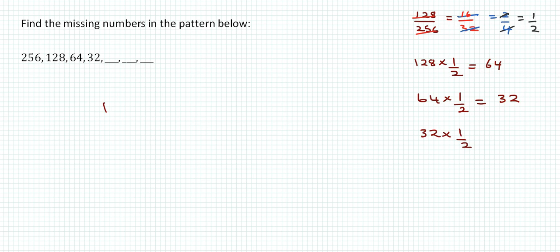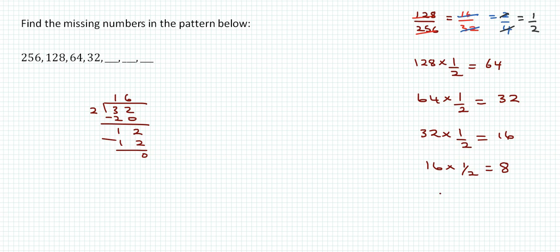So let's go ahead and do our division. 32 divided by 2 gives us 16. 16 multiplied by 1 over 2 is going to give us 8. 8 multiplied by 1 over 2 is going to give us 4. So after 32, we have 16, 8, and 4.